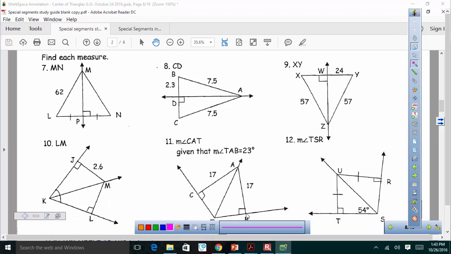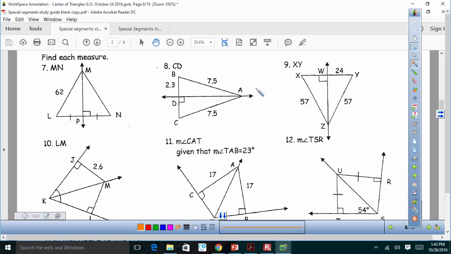So for number 9, it gives me that this side, XZ, is 57, and then YZ is 57. So if these are equal, that actually implies that these angles are equal.